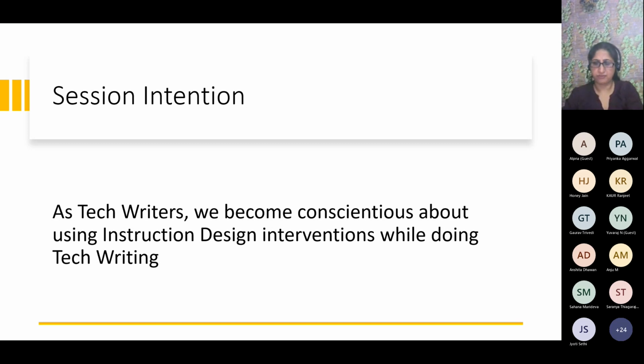So through the next 20, 25 or 30 minutes that we have, I would like to share that intention with each of you. My humble attempt is to transfer or bring out the knowledge that I have into practice, not only in my own work, but also share it with you so that you also can take upon that practice and turn it into a daily habit. So let's hope our intentions work in sync and we move on.